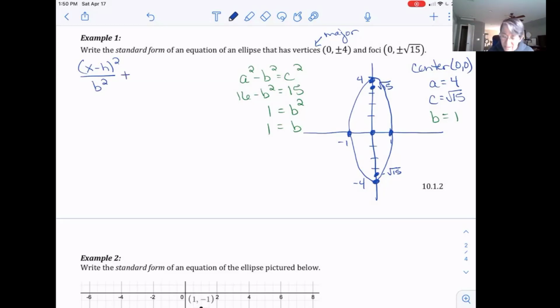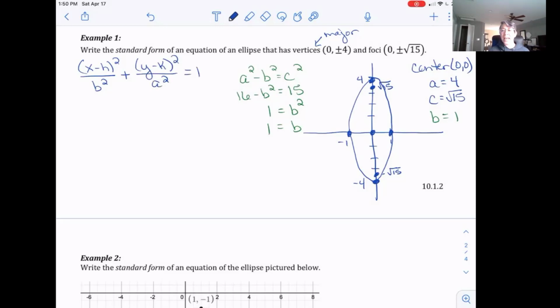The plus always reminds me, because everything looks almost like parabolas. These are two parabolas that kind of go together to make one big loop. So that's what reminds me that this guy has the plus, and then (y minus k) squared over a squared, and it always equals 1.